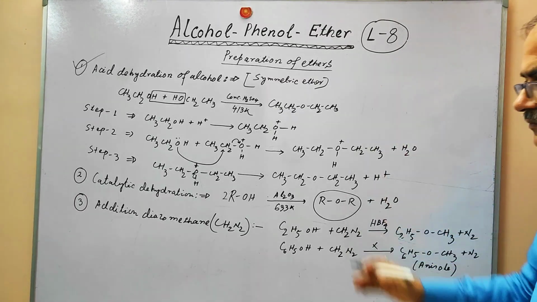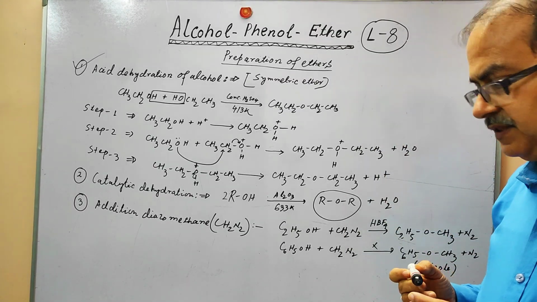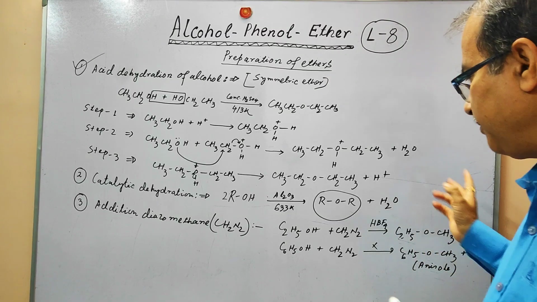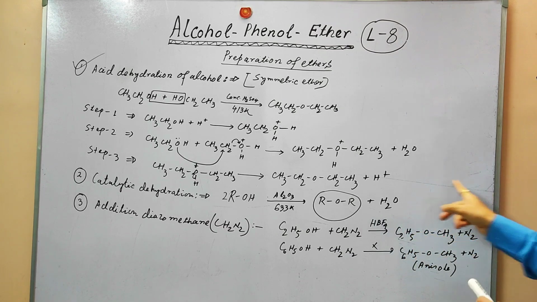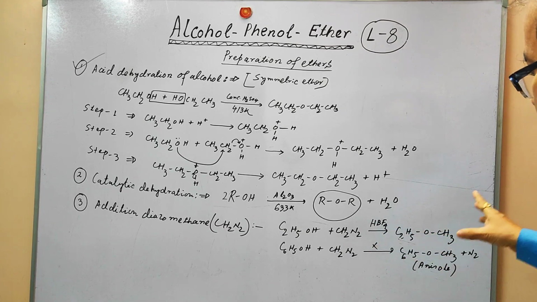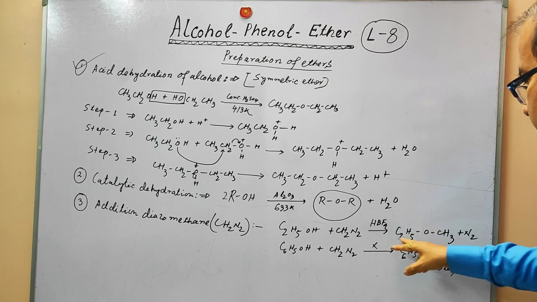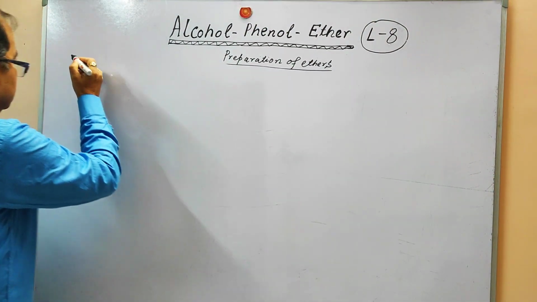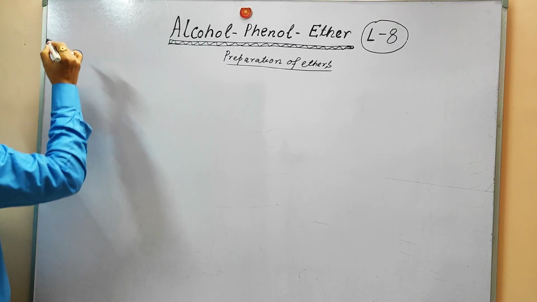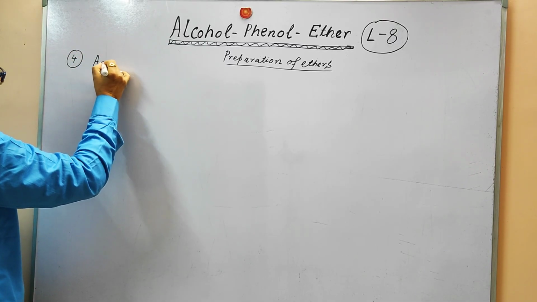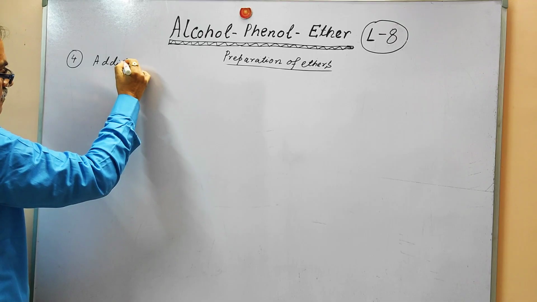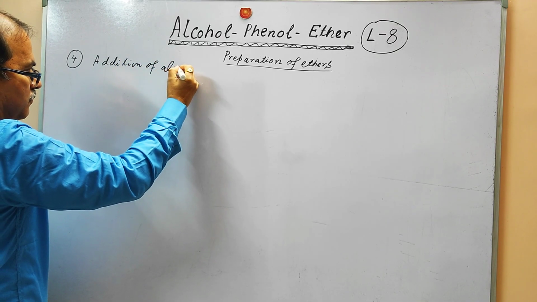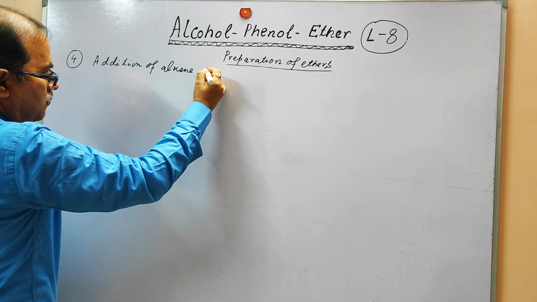So by the addition of diazomethane, we can produce this unsymmetric ether, both the phenolic ether and the normal one, where the alkyl groups have been attached in this ether, as you can see. The fourth method that we are going to discuss is the addition of alkene to alcohol.